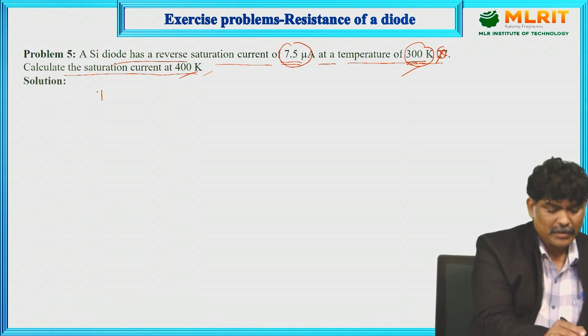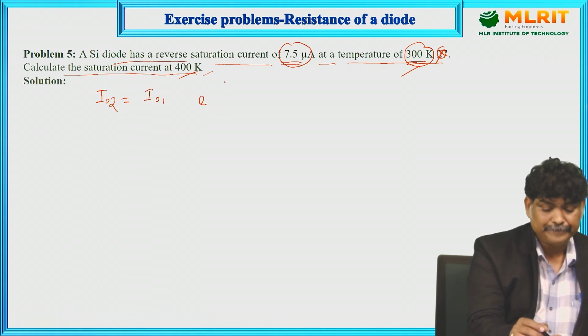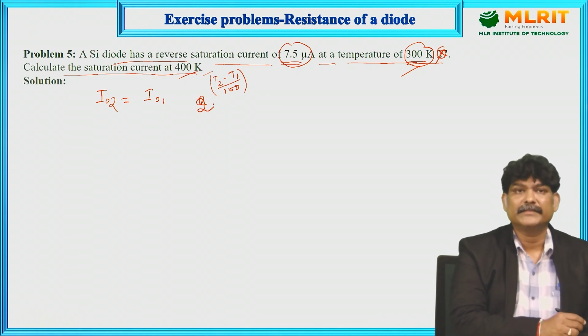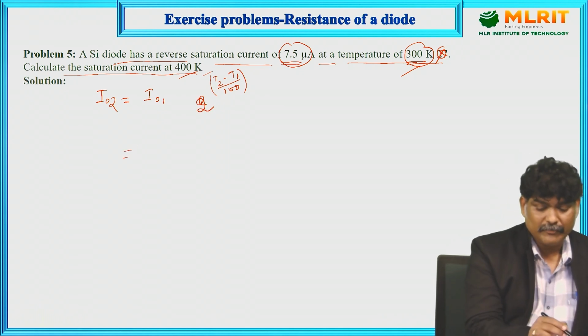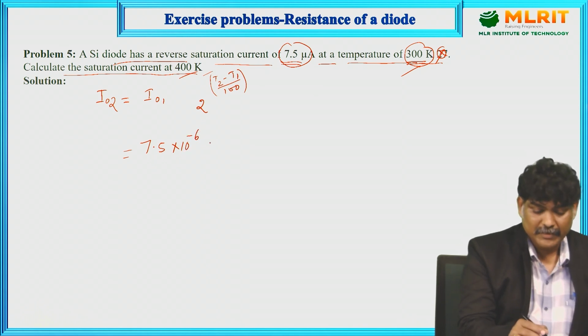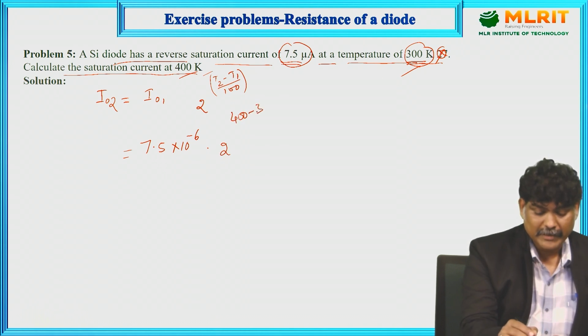What is the formula? I02 is equal to I01 into 2 to the power (T2 minus T1) by 10. I0 value is 7.5 microamperes, that is 7.5 into 10 power minus 6 amperes, into 2 to the power (400 Kelvin minus 300 Kelvin) by 10.